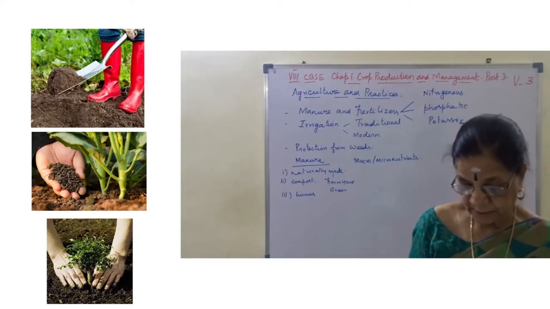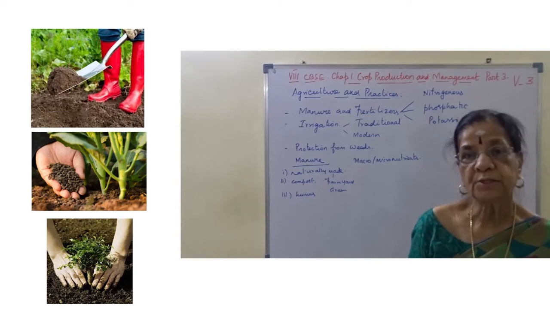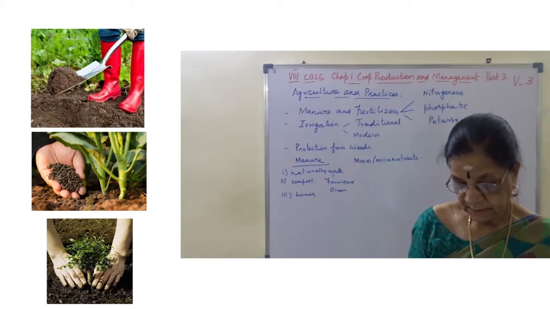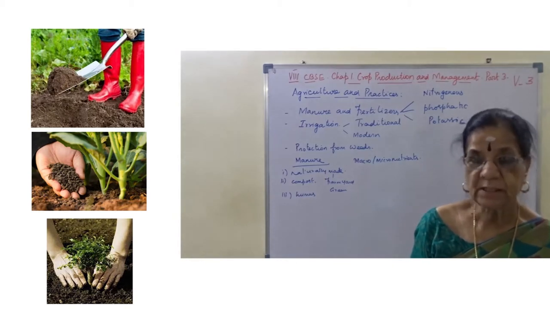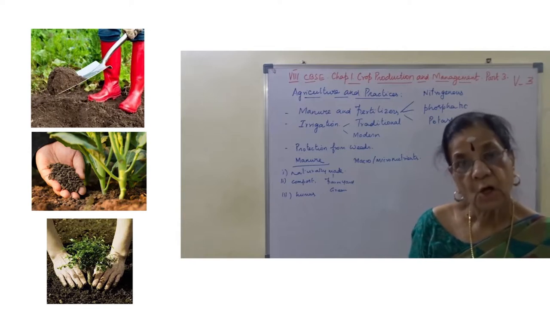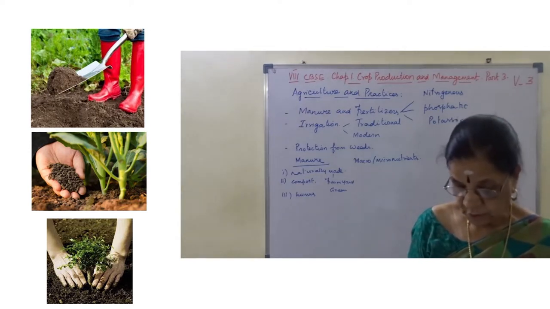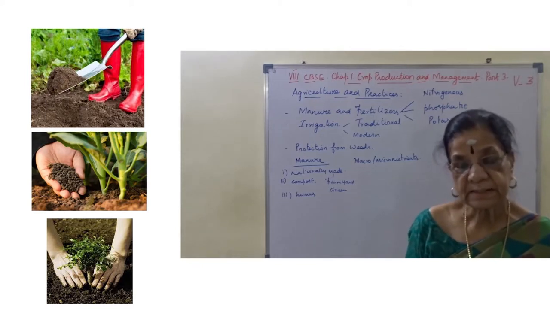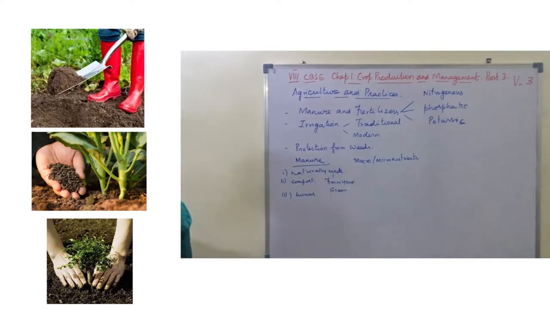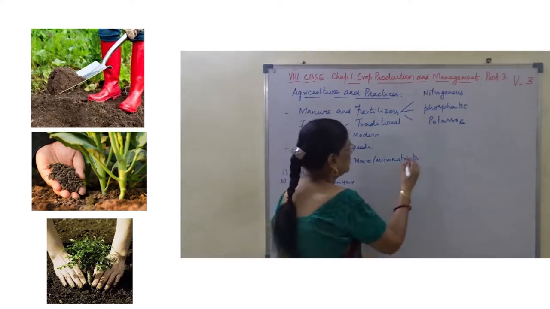Fertilizers have also become a source of water pollution, and in order to maintain the fertility of the soil, we have to substitute the fertilizers by organic manure or leave the field uncultivated. That uncultivated land is known as fallow land.